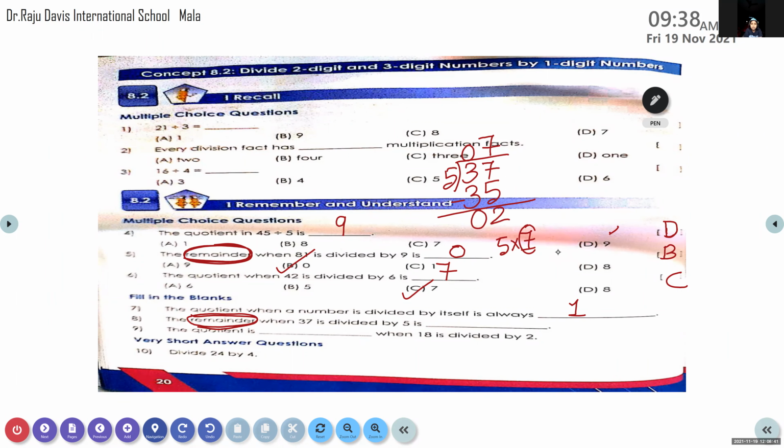The remainder has to be written. So what is the remainder we got now? 2. 2 is the remainder. Good. So this number is to be written on the dash. 2. Good, Esther. Thank you, ma'am.